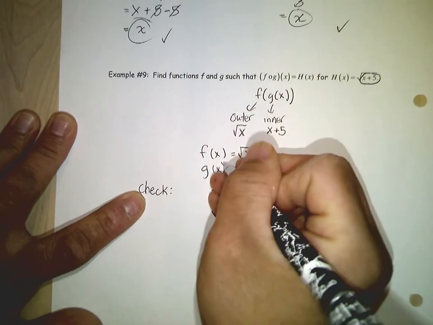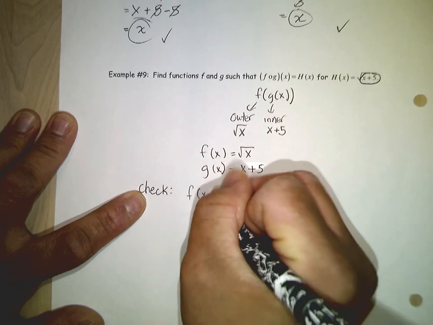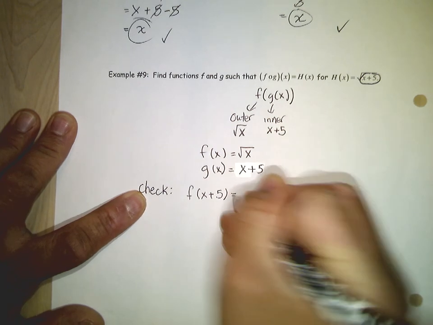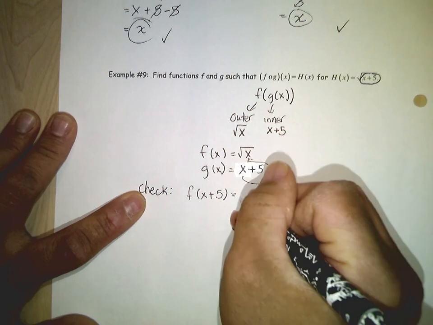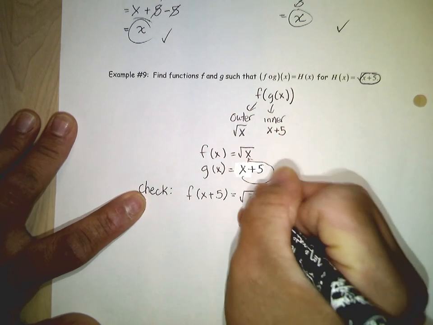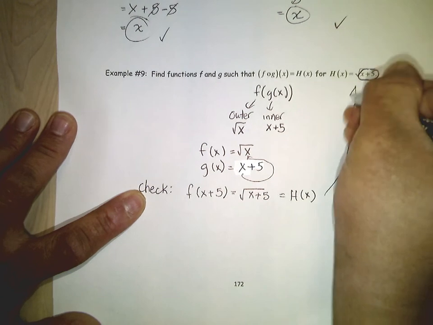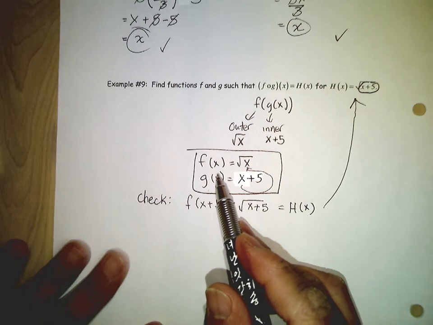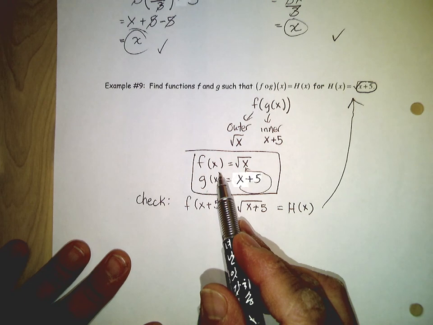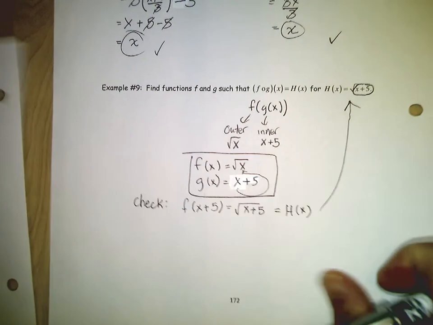So if this is f of x and that's g of x, then we have f of x plus 5, but then when we substitute the x plus 5 into the square root, we get the square root of x plus 5, which is indeed h of x. All right, so this here is the solution. These are the two functions that you can write as f of g of x to give you the square root of x plus 5.